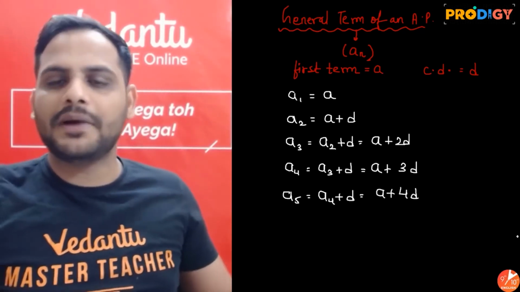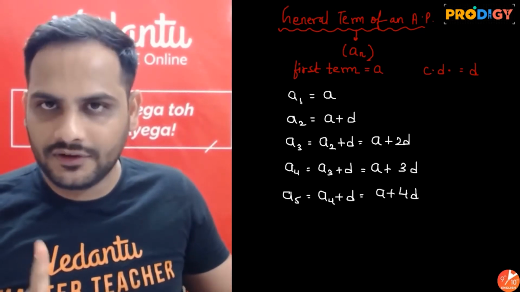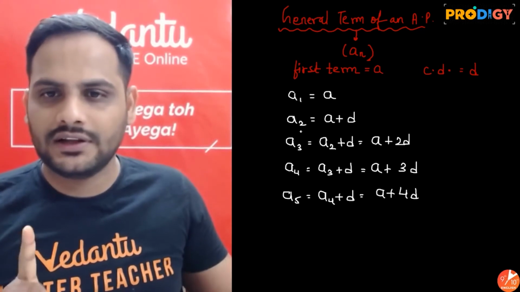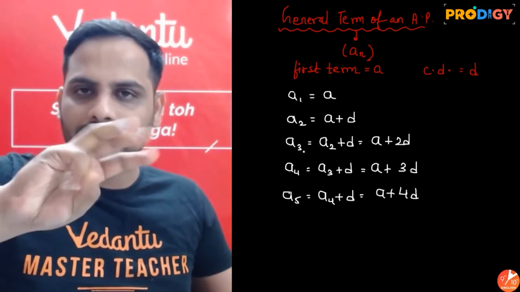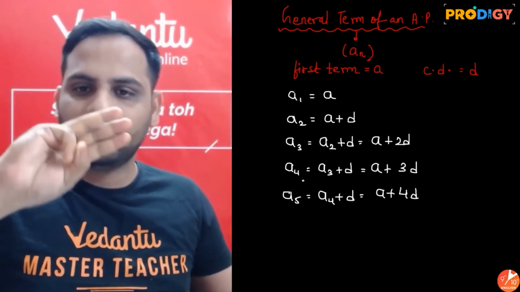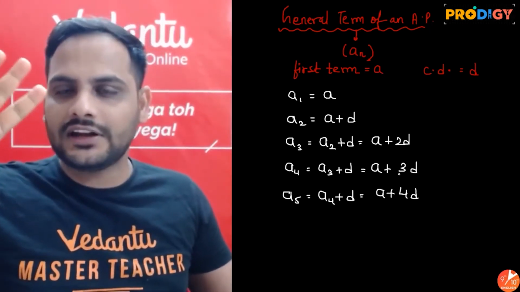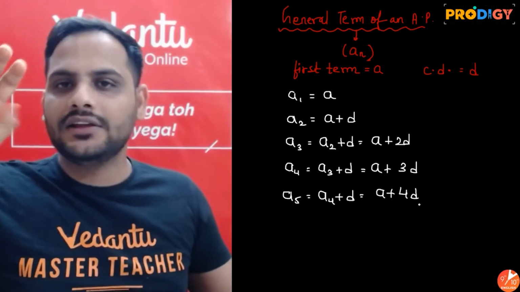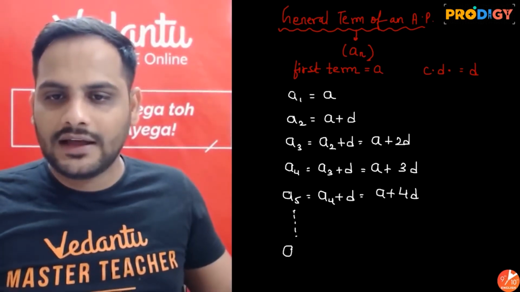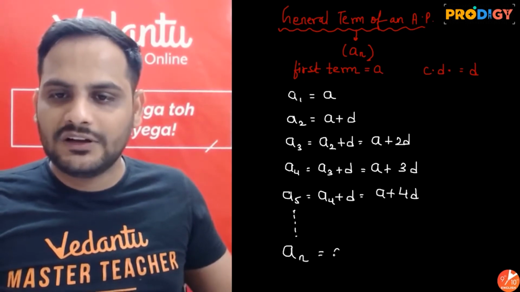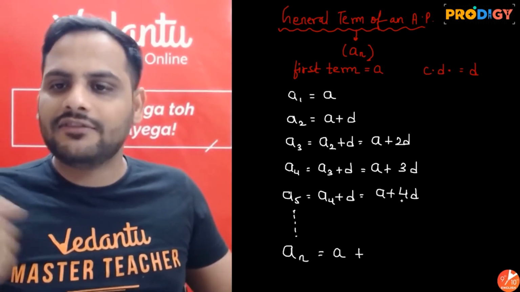So can you see the pattern? In the first term, D is not there. Second term, D is one time. Third term, D is 2 times. Fourth term, D is 3 times. Fifth term, D is 4 times. So if I go by the same pattern, I can say the nth term will be A plus D one time less.